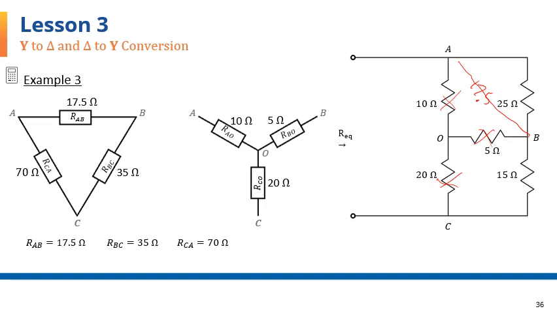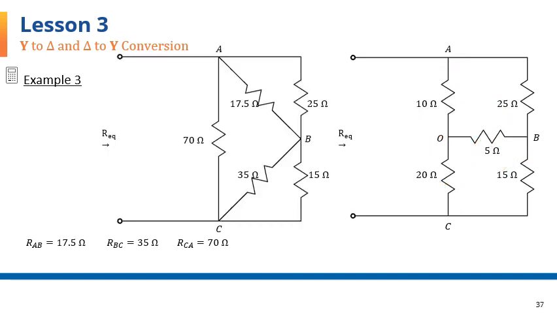And between B and C, we have 35 ohms. And between A and C, going this way, we'll have 70 ohms. So imagine that these three, the Y's, are gone, and now we have those three between A, B, and C. I show that figure on the next page. You see it drawn here.